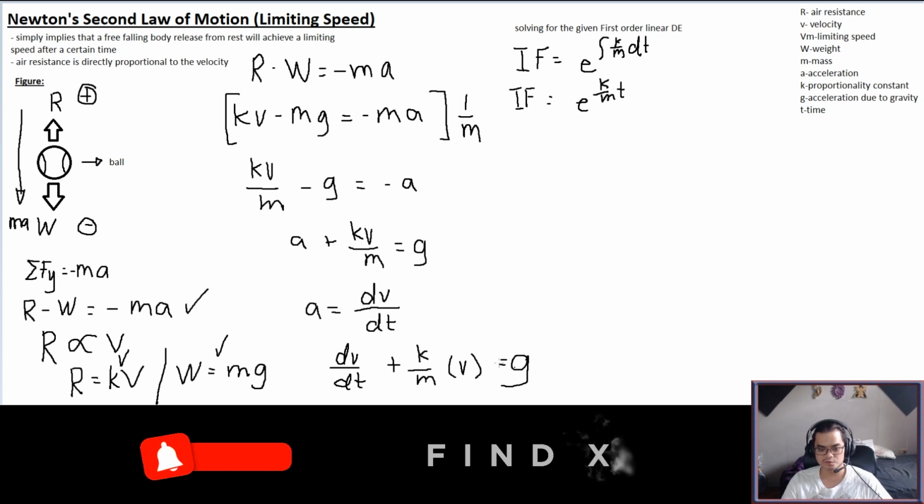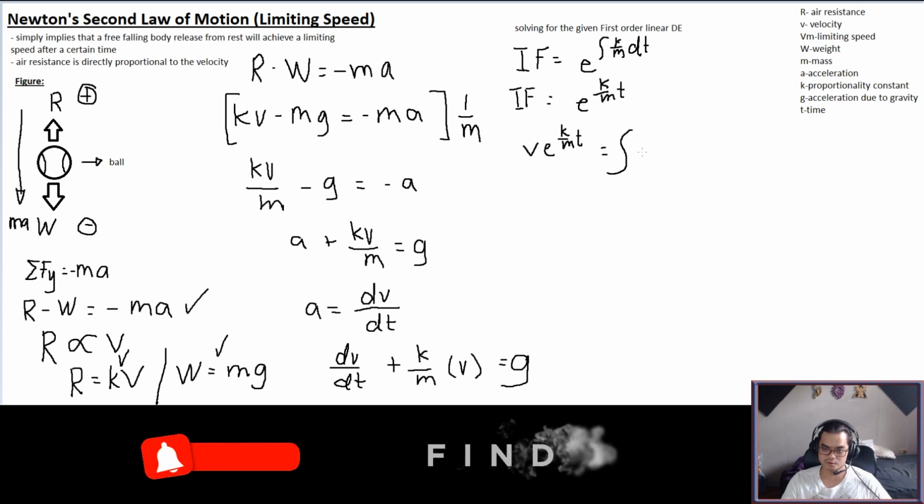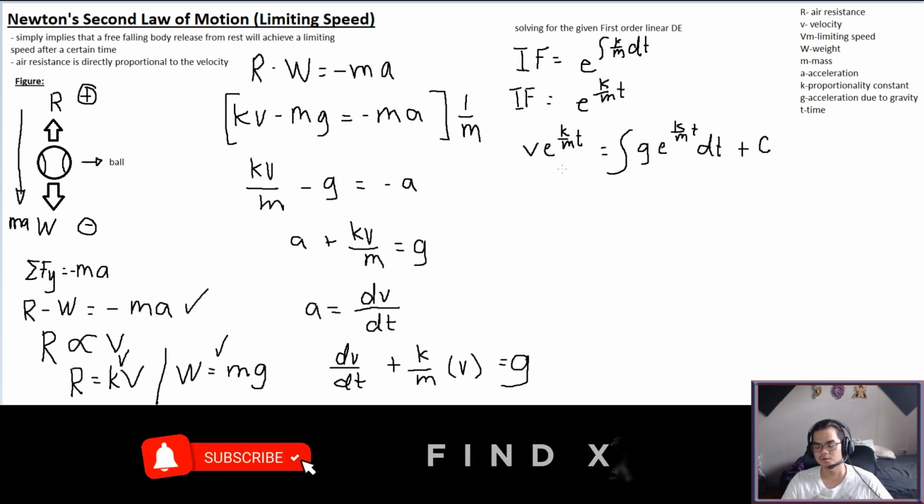Now, having the solution, since this is linear in v, you'll have v times the integrating factor, e raised to k over m t, equal to the integral of whatever is here, that's g. So we have g e raised to k over m t dt, don't forget the plus c, of course.